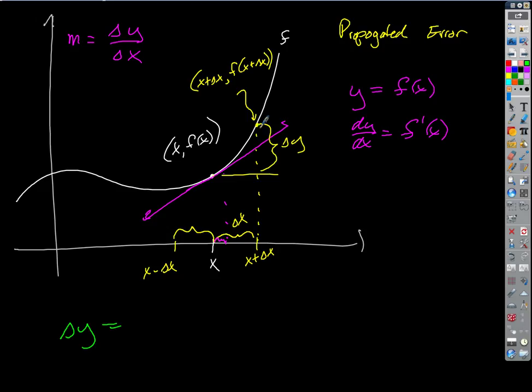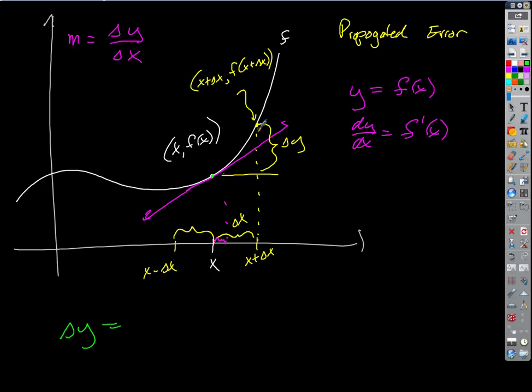Just think about the coordinates. What if this was the point 10, 10, and this is the point 11, 12? How much did it go up? 2. How'd you find out? 12 minus 10. The final y value minus the initial y value told you how much the y value increased, right?